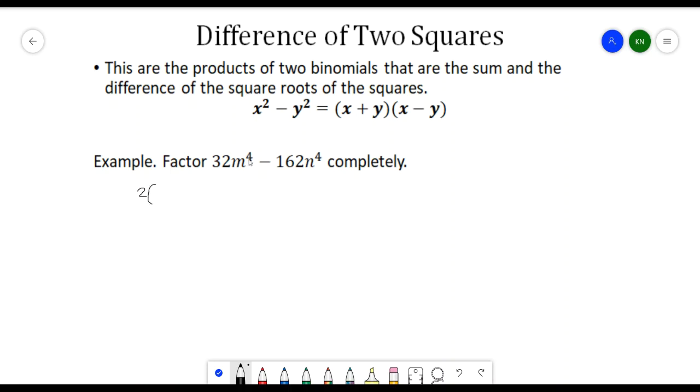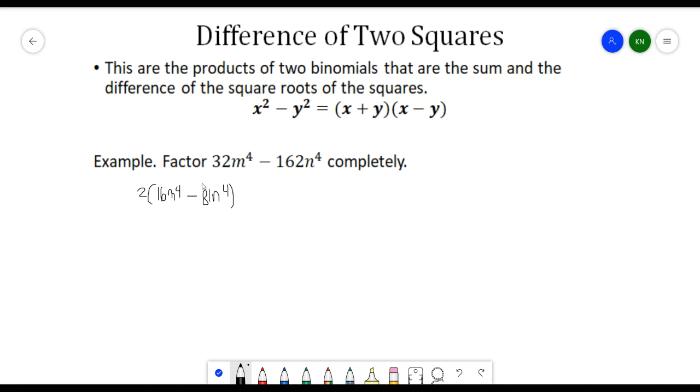We cannot factor our variables because the variables for the first term and the second term are completely different, so we'll just leave them as is. 32 divided by 2 is 16, so we write 16 and copy our variable. And 162 divided by 2 gives us 81, copying again our variable.